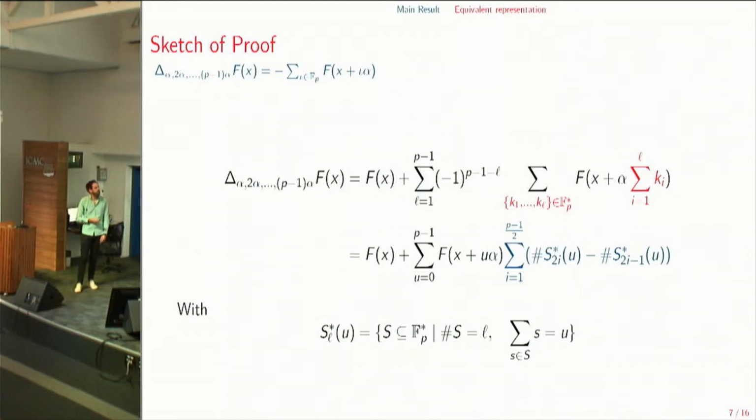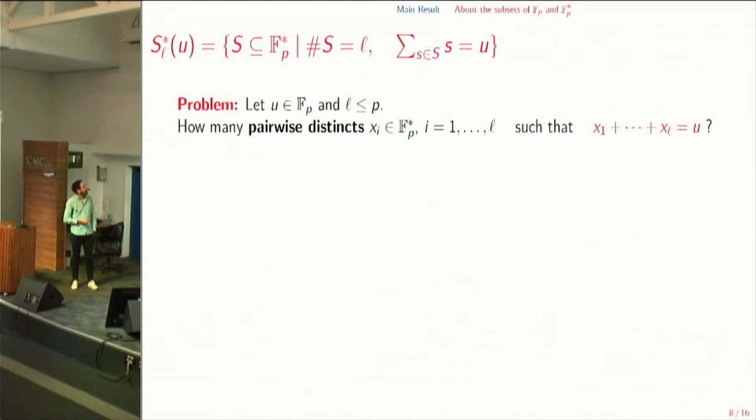Okay, pretty standard. But the problem we're trying to solve is to find a collection of pairwise distinct non-zero elements of the prime field such that they sum to U. This is kind of a weird problem because it's a combinatorial problem, we're counting, but it's not quite algebraic because we're using elements in a multiplicative group with an additive property.